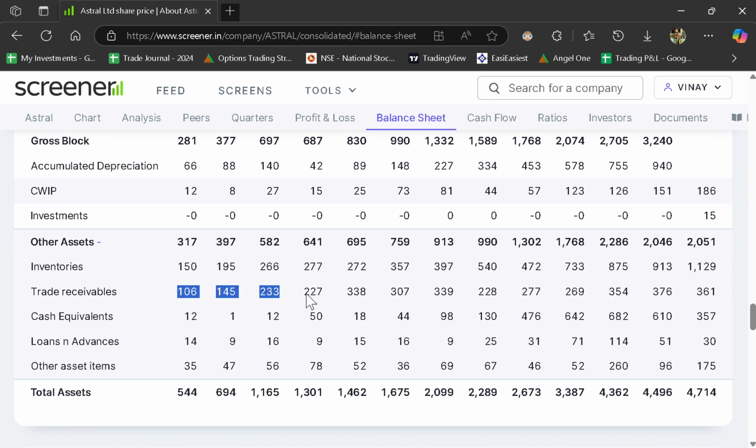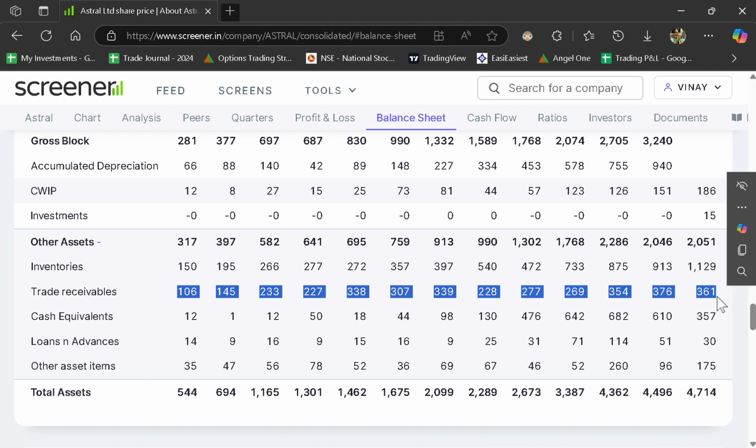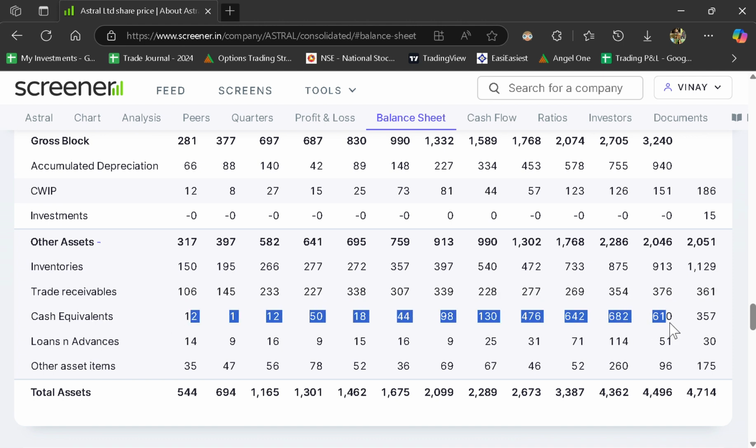Then trade receivables. This is the money they are owed by their customers. Trade payables was the money which is due to the suppliers, and trade receivable is money due from the buyers. Cash equivalents. This includes hard cash or equivalent of cash in the form of FDs or some deposits or bonds maybe.